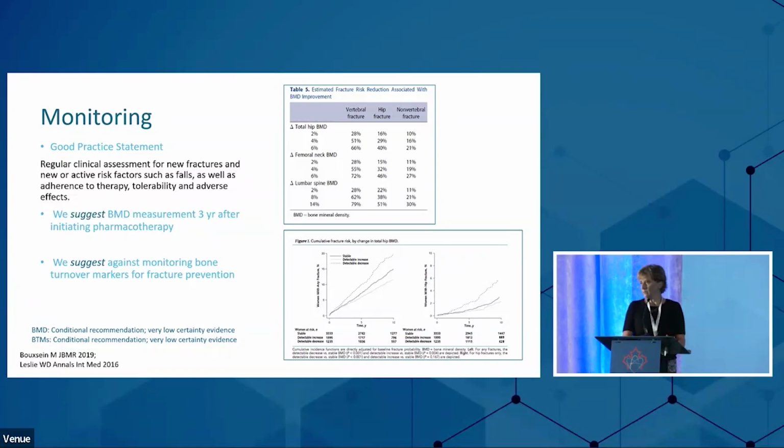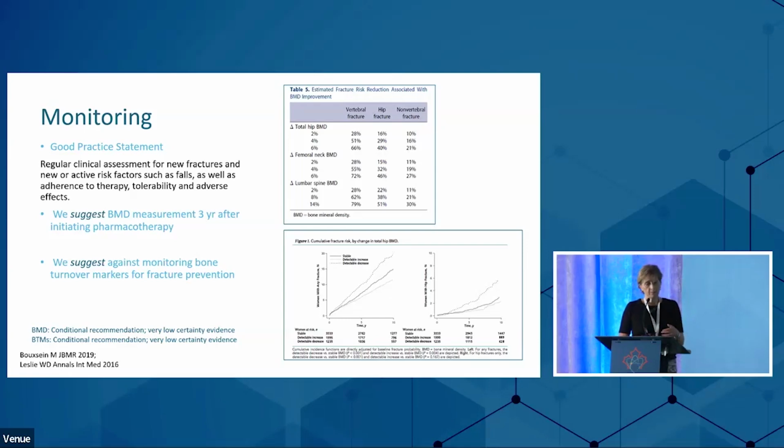So we do have observational data from the Manitoba BMD registry that shows that, in the panel at the bottom here, if the patients improve their bone density, then their risk for future fracture decreases. The mean interval of bone density was every 4 years in that study.